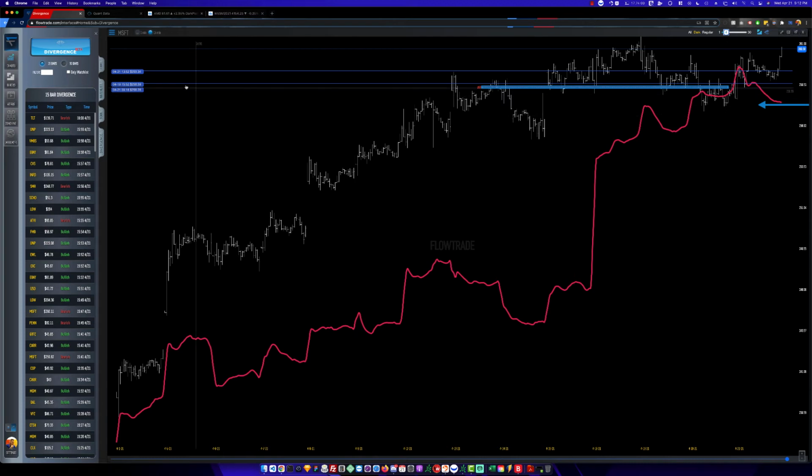We've got a nice cluster that we'd indicated earlier at 258. That's going to act as support. We just started with bearish divergence on the 15-minute chart. Anytime price goes in one direction and the algo goes in another, that's divergence.